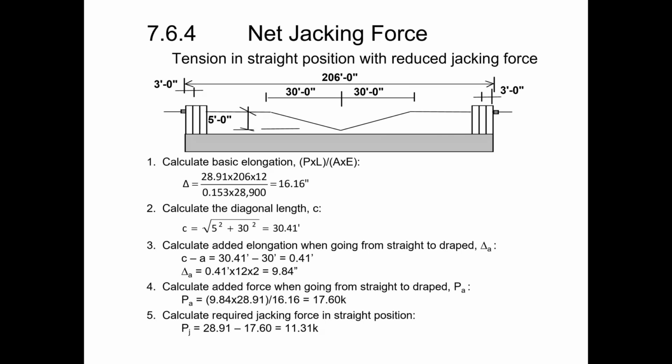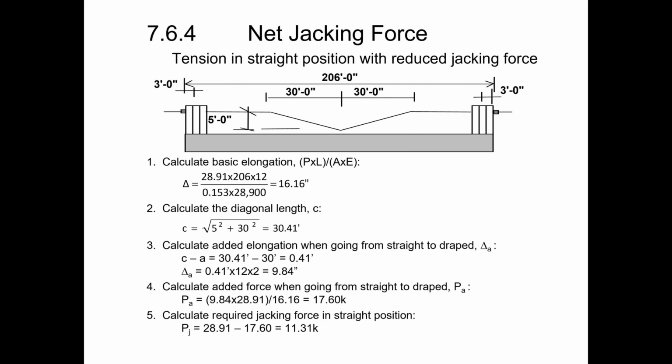Step number 1 is calculate the basic elongation. Again, P times L over A times E. All of those numbers should either be explicitly given to us or shown in a diagram, so it's just plugging in the numbers. The most difficult part of calculating the basic elongation is making sure that all of our units are consistent. We can't mix up feet and inches.